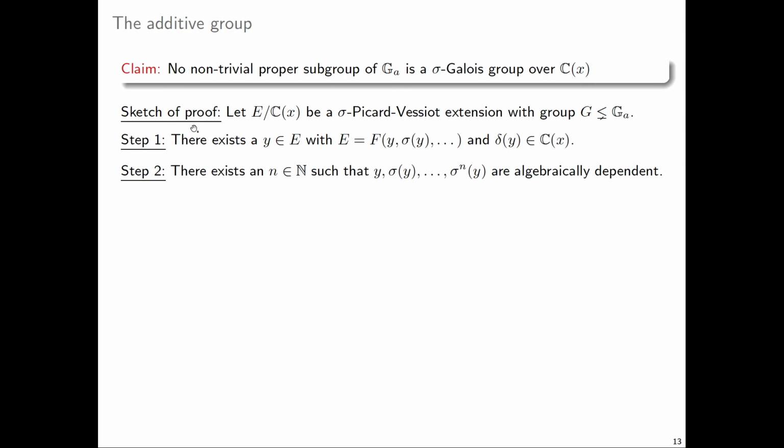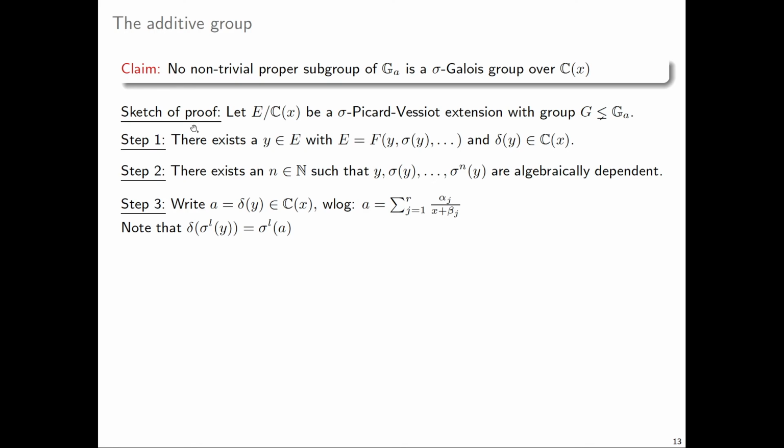Next, since G is a proper subgroup, there has to be some relation. So at a certain point, these elements y, sigma y, and so on have to become algebraically dependent. And then we write this element that we adjoined an antiderivative of, we call it A, and after subtracting something from y that's a rational function, we can assume that A is just a logarithmic part.